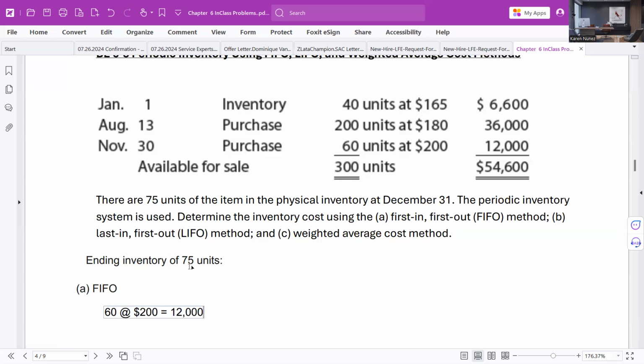And we have 75 units in the ending inventory. So in addition to the 60, we've got to have another 15, because 60 plus 15 gives us the 75 that we need. And what's the cost of those? Well, the next layer would be the 180. 15 at 180. And what's 15 at 180? 15 at 180 is 2,700.